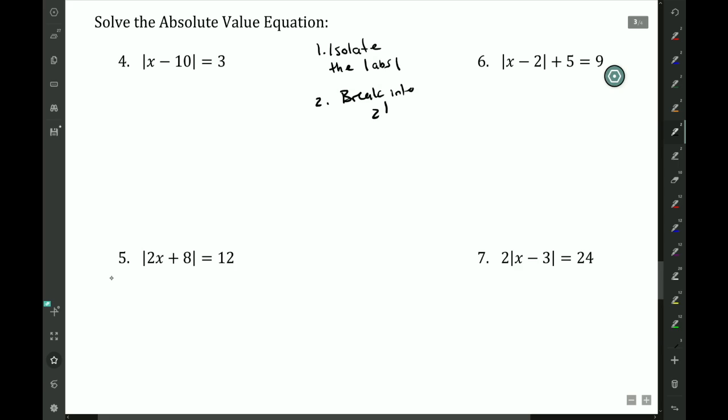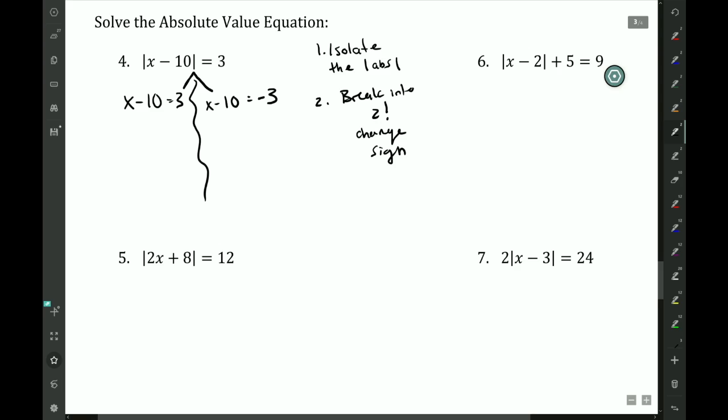A lot of students just want to do this here. All they want to do is do plus 10 and solve, but you have to break it into 2 problems. So it's really x minus 10 equals 3, and x minus 10 equals negative 3. So you break into 2 and you change the sign.